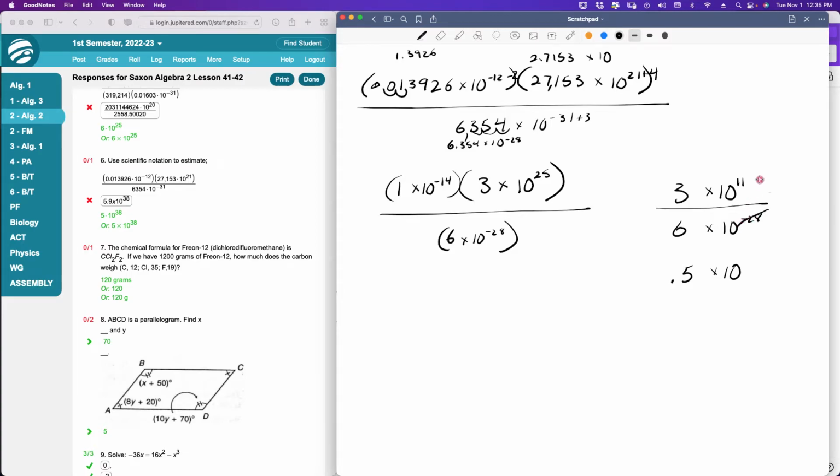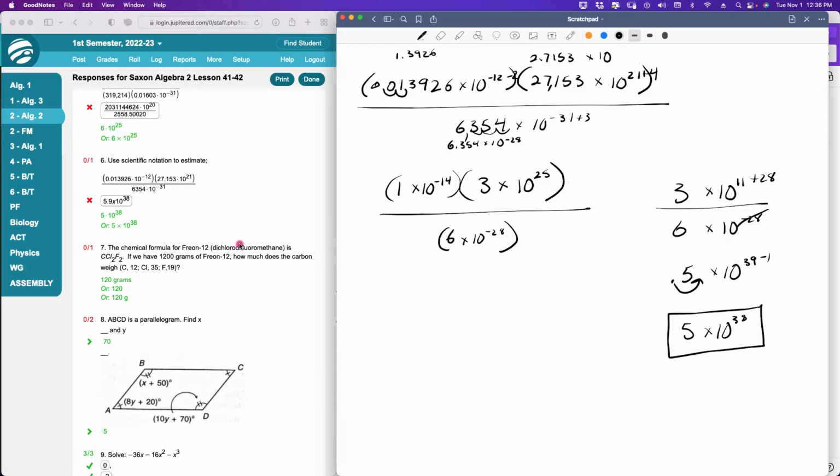When I bring this up to the top, it becomes a positive 28. So that's going to be a positive 39. But I want to bring this to have one, we have to have one whole number here. So this is going to go back 1. So we're going to minus 1. So that's going to be 5 times 10 to the 38 as our final answer.